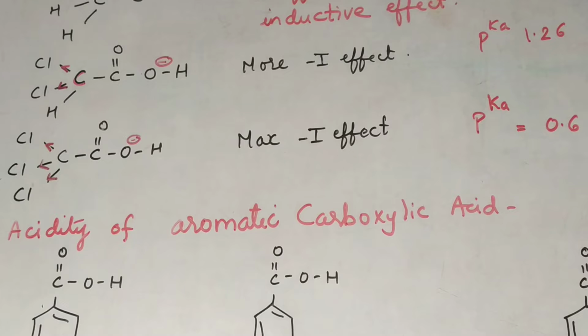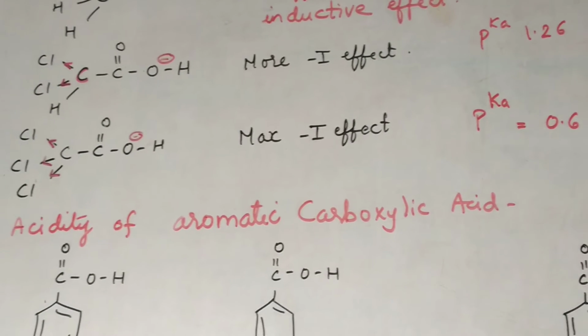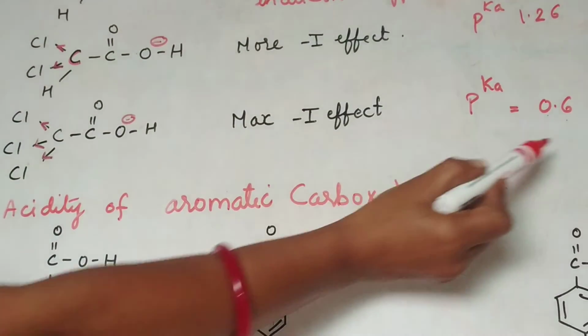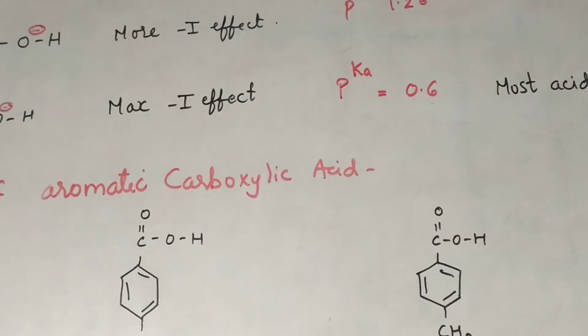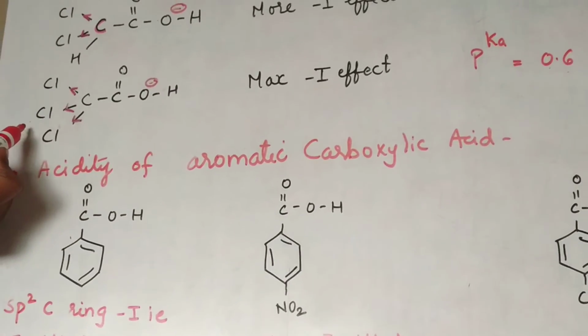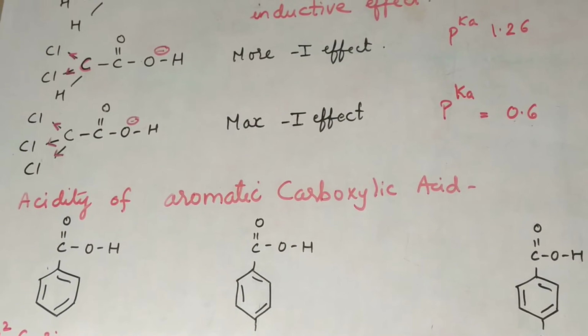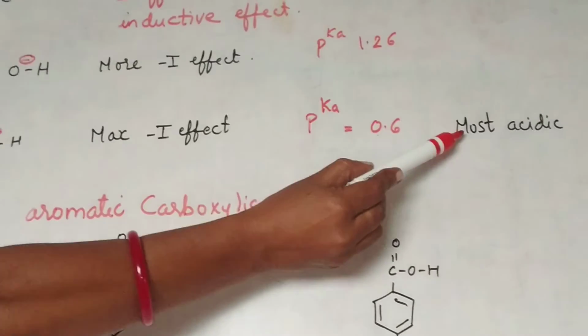Very well stabilization of minus charge is there in this case, and hence the pKa value becomes 0.6. So this acid is found to be most acidic. This type of carboxylic acid, that is trichloroacetic acid, will be the most acidic acid. I have written here. Okay, it will be most acidic acid.